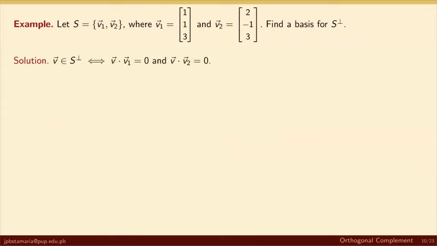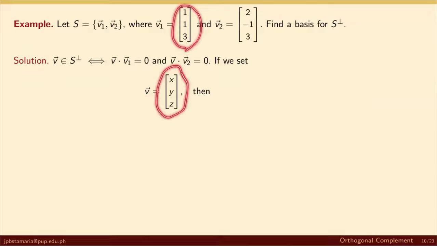To do this, we take an arbitrary vector in S perp, let's say V. We know that this vector V is in S perp precisely when V is orthogonal to both V1 and V2. Being orthogonal means its dot product with V1 and with V2 are both 0. If we place variables for the components of V, let's say x, y, and z, then being orthogonal to V1 means the dot product has to be 0.